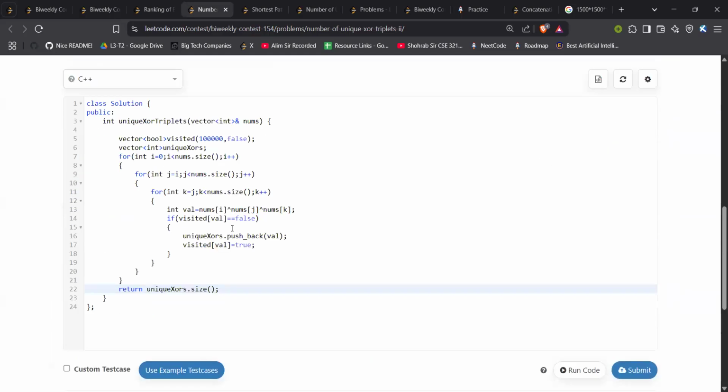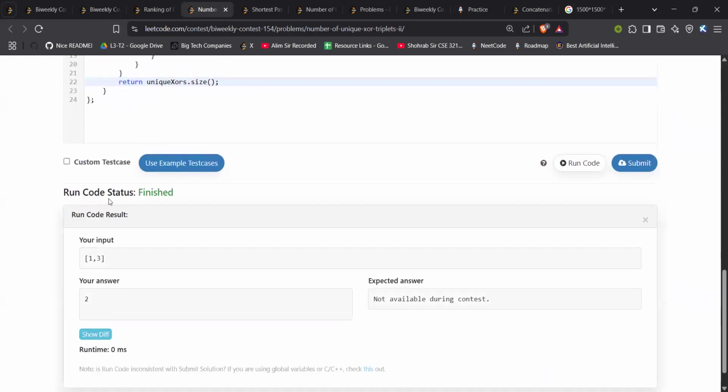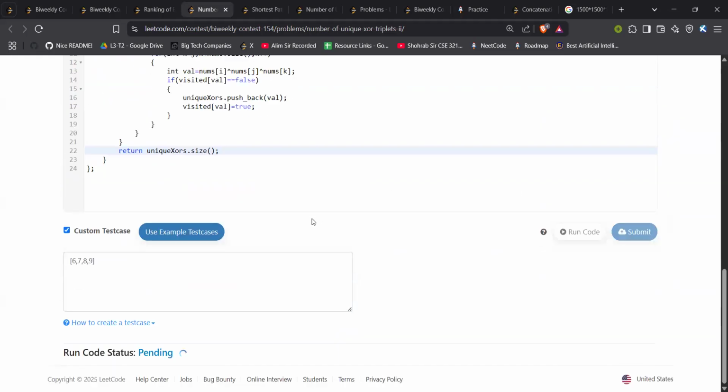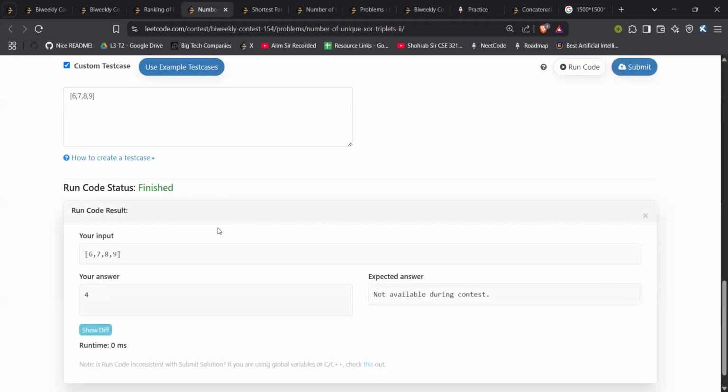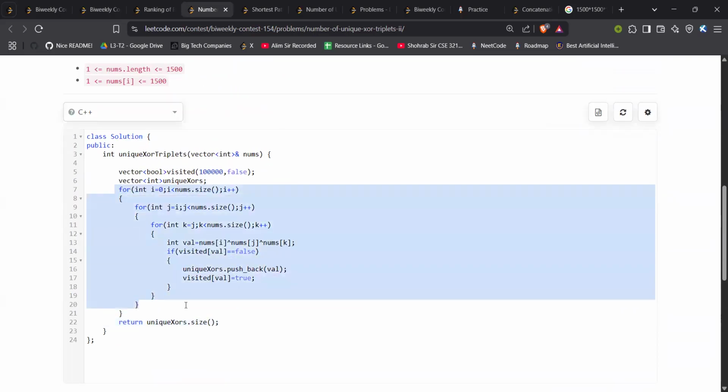You know, we can at least solve the problem. So this is the brute force solution, which takes time of 1500 into 1500 into 1500 by 6. Definitely it's going to get time limit exceeded.